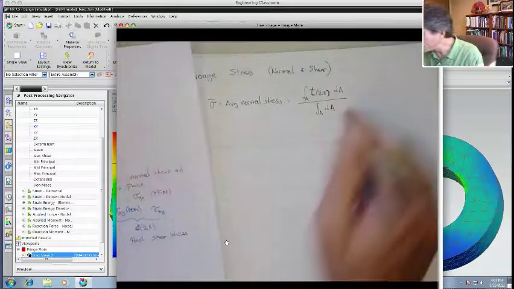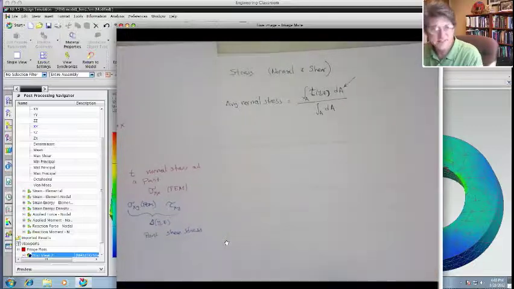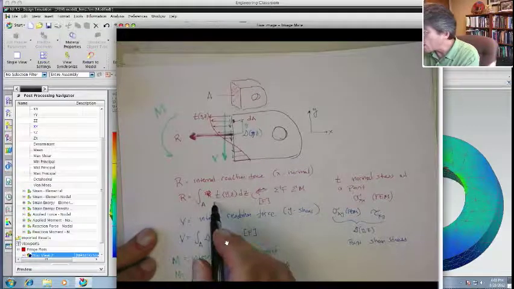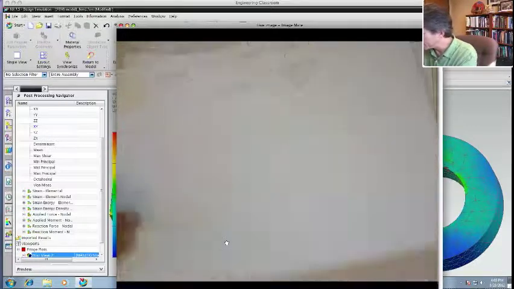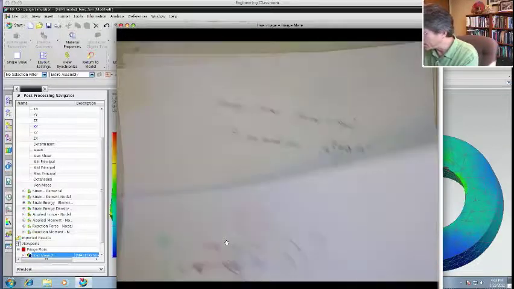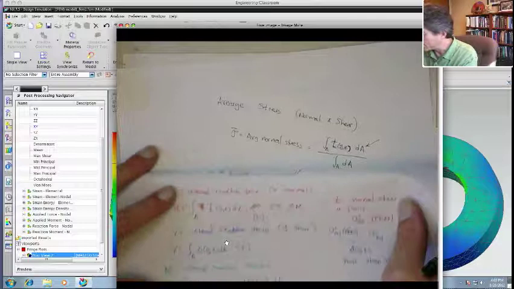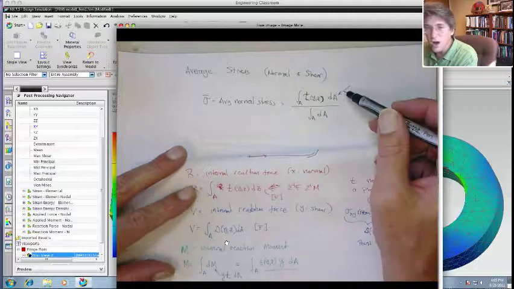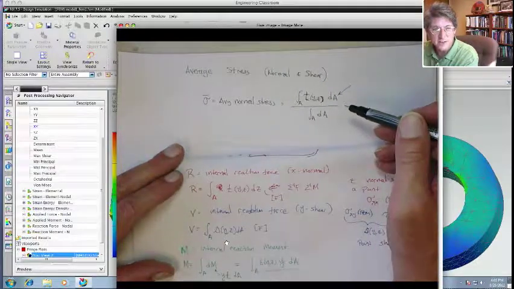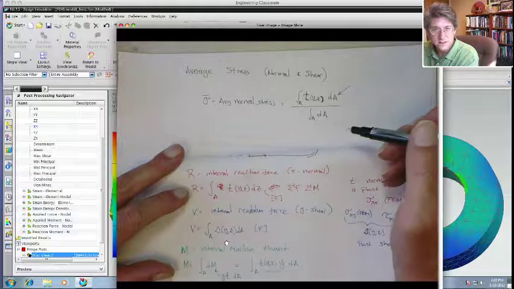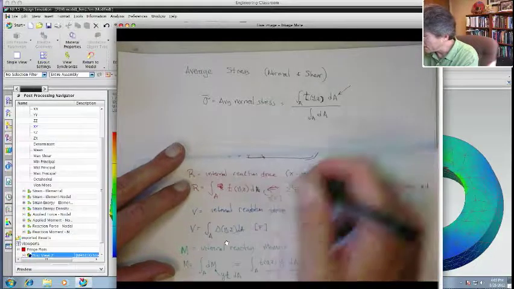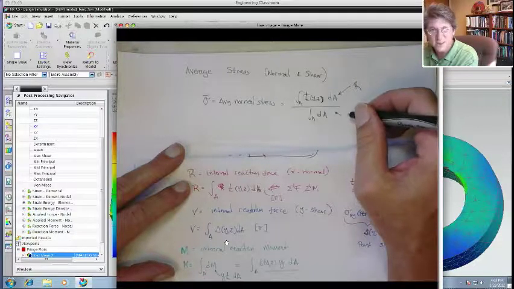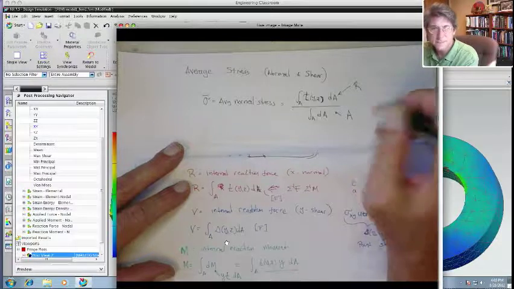Now, you look at this quantity here, and you can recognize that the quantity in the numerator is in fact just the internal reaction force R. So this is actually R, and this is actually the cross-sectional area A. All right?